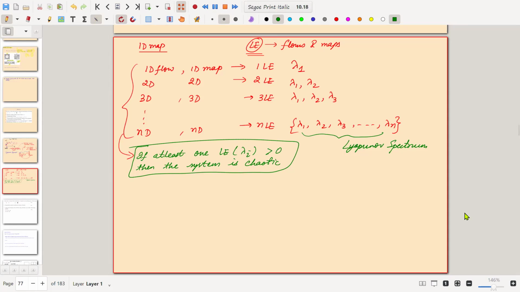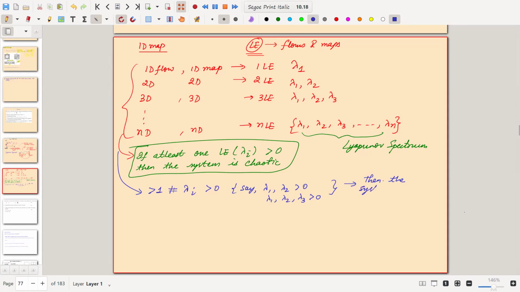Now people will ask, what happens if more than one Lyapunov exponent is positive? Suppose in any system more than one lambda i is greater than 0, say lambda 1, lambda 2 greater than 0, or lambda 1, lambda 2, lambda 3 greater than 0, any number, then the system is even more chaotic, and we have a special name for it.